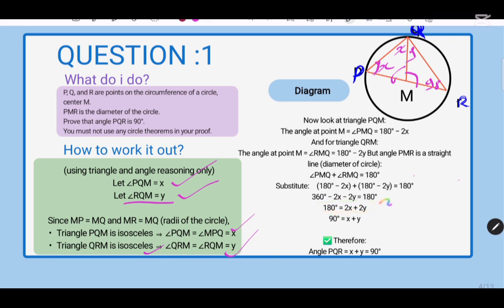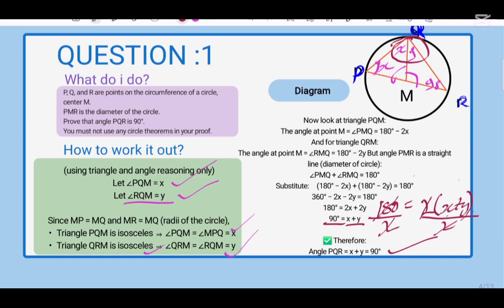I can factorize that and say 180 is equal to 2 into bracket x plus y, and divide both sides by 2, which gives 90 equals x plus y. That means x plus y, which is what we were looking for at point Q, is equal to 90 degrees. Therefore, angle PQR is equal to x plus y, which is 90 degrees, which is very, very easy.